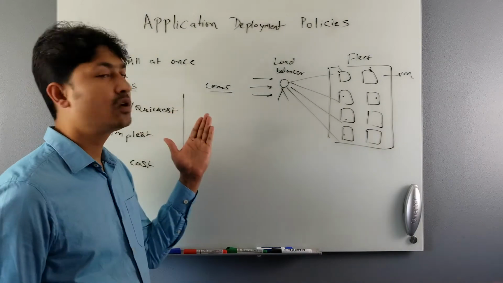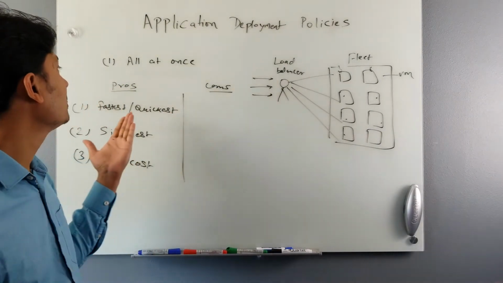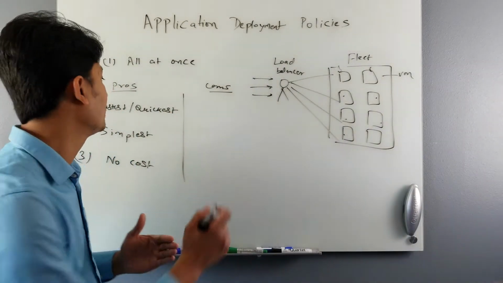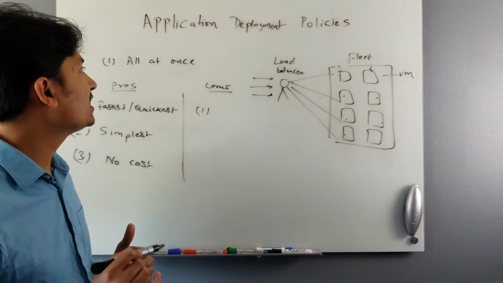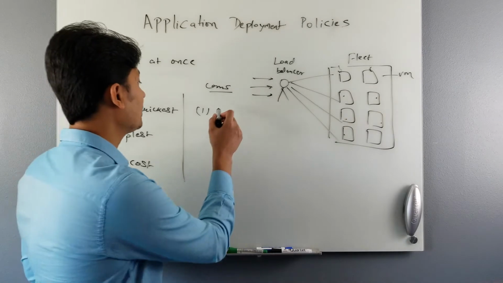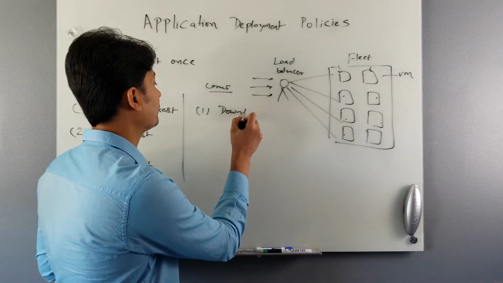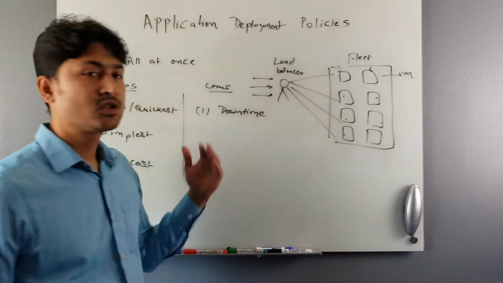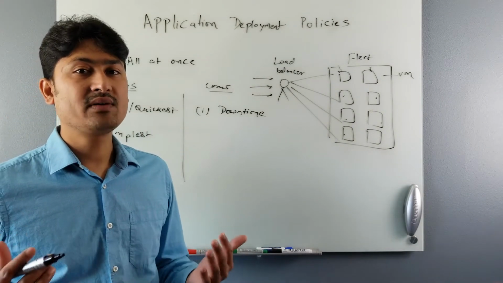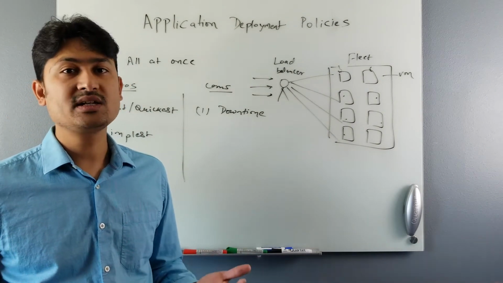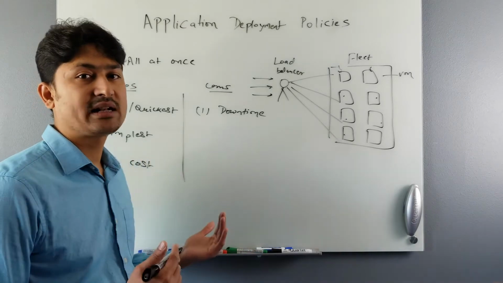Now let's talk about the cons of this deployment policy. The biggest con is downtime. Whenever you are having a deployment, your service is not available for the customer. Your application is not there to serve customer traffic.